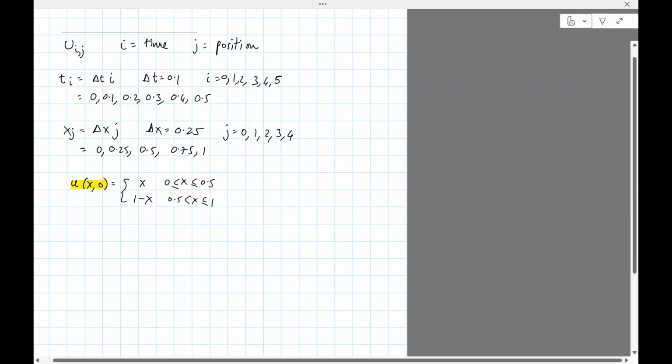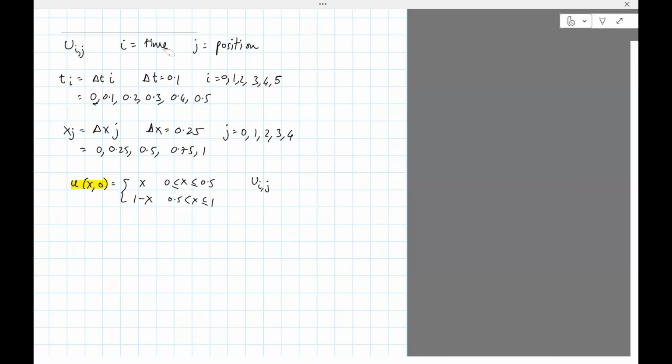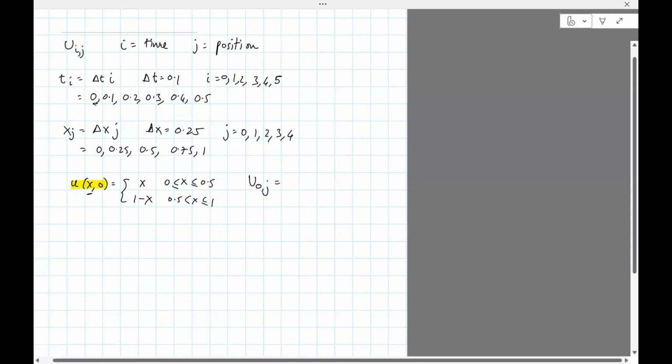What it says is, here x is the second index, that's j. The first index is i, and here i is 0, right? So it's u 0 comma j. I just kept j as j because this is a function of x, and x is, in this case, the second index j.